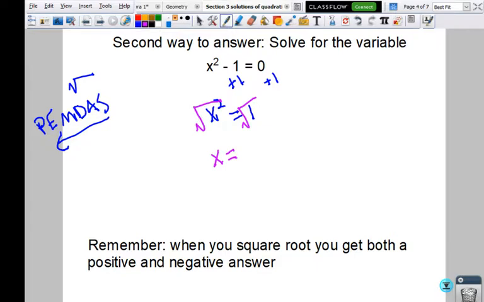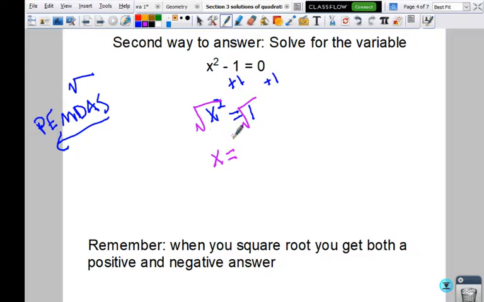Inside there I'm going to put a 1. And hey, the square root of 1 is 1. Wait, I thought we put x squared in there. We square rooted it, but the square root and the squared are opposites of each other, so they cancel out.